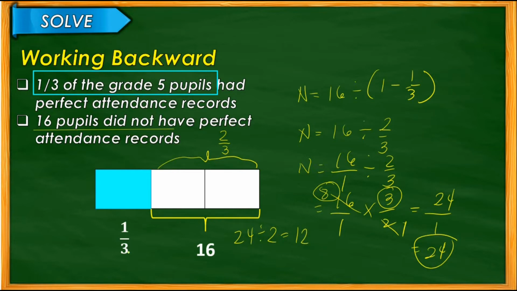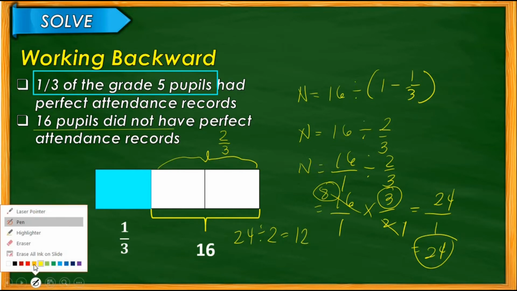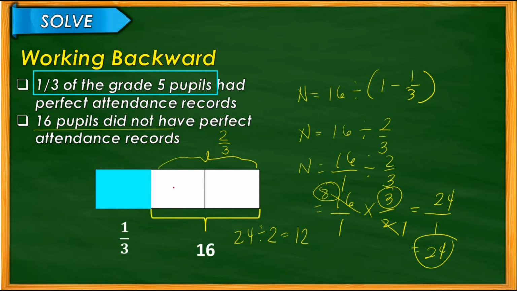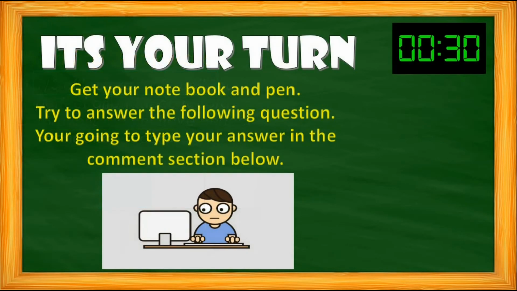So we can say that the 2 parts of 2/3 is 12, and then we can say the 1/3 part is also 12. So 12 plus 12 plus 12, the answer is what? 36. So therefore, the total number of pupils in the class is 36.